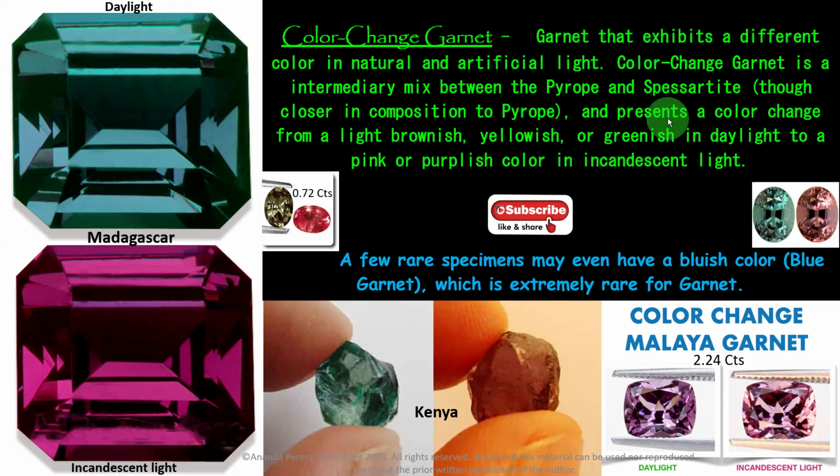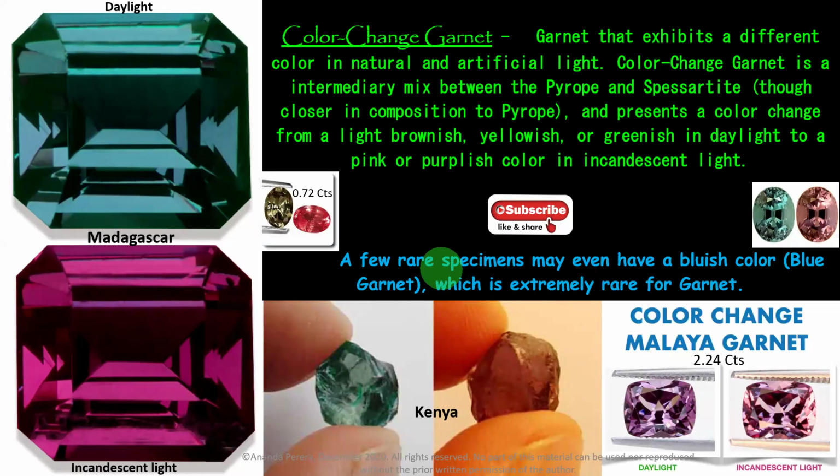Remember that. A few rare specimens may even have a bluish color called blue garnet, which is extremely rare for garnet. If you have blue color, it is very, very expensive.